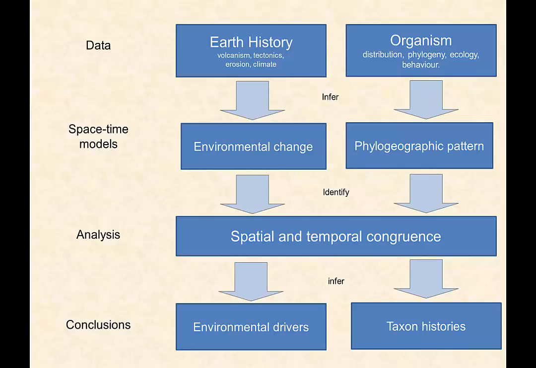And when we've got congruence and we can identify commonalities, then we can try and infer either the environmental drivers, the things that drove the evolution, so which ones of these caused this, or the actual history of the organism in space and time. So those are slightly different things. One thing is what drove the diversification, and the other thing is what actually happened, when, and where.